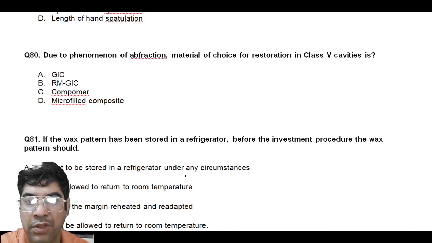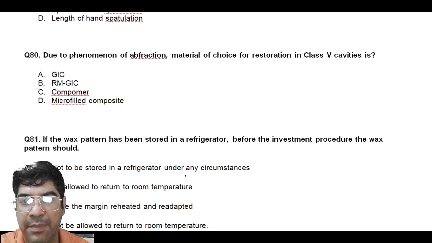So the material of choice is microfilled composite. It is the choice due to its flexibility, aesthetics, bonding strength, and ease of use.